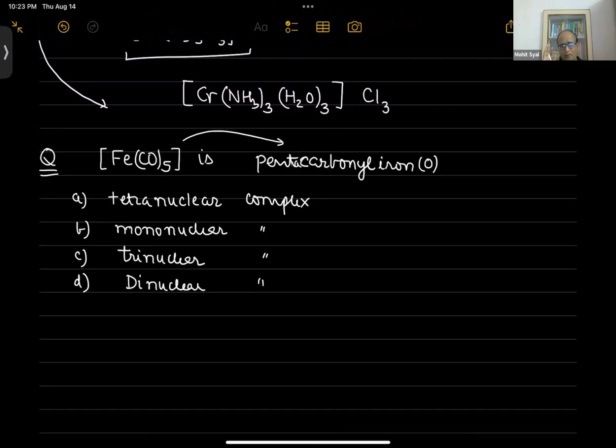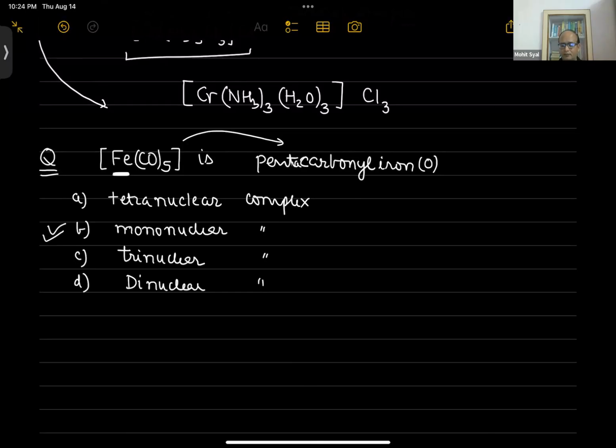So I hope it is clear. Number of metal ions in the complex. Don't think about the nuclei. There are many nuclei in this. Only the metal atoms, right? How many metals are there? So only this iron is there, right? Is it clear? So this is going to be a mononuclear complex.